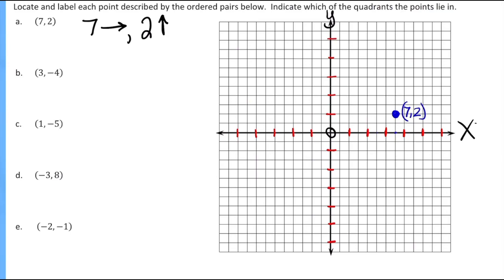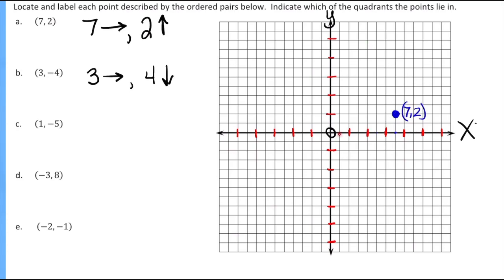Okay, second point. We're going to do the same thing again. We're going to tell the story. We have +3 and -4. So start with left to right. +3, I'm going to move 3 to the right. This is a positive number. -4 means I'm going to go 4 down. So I'm going to do that.